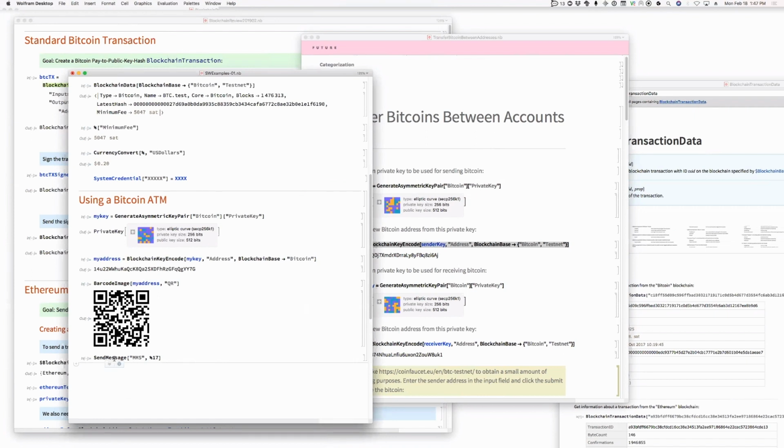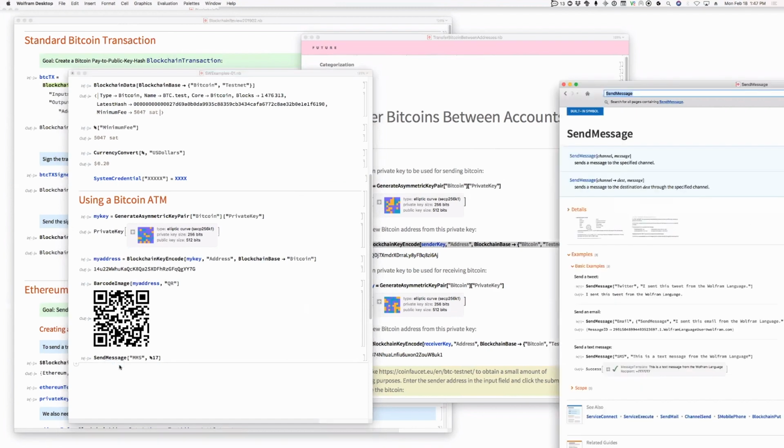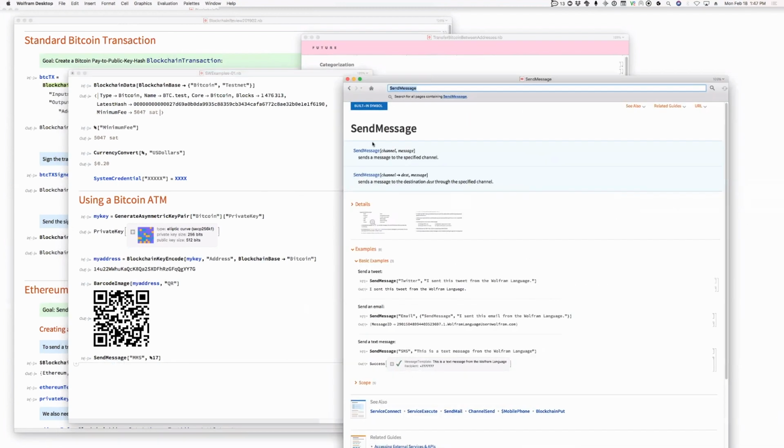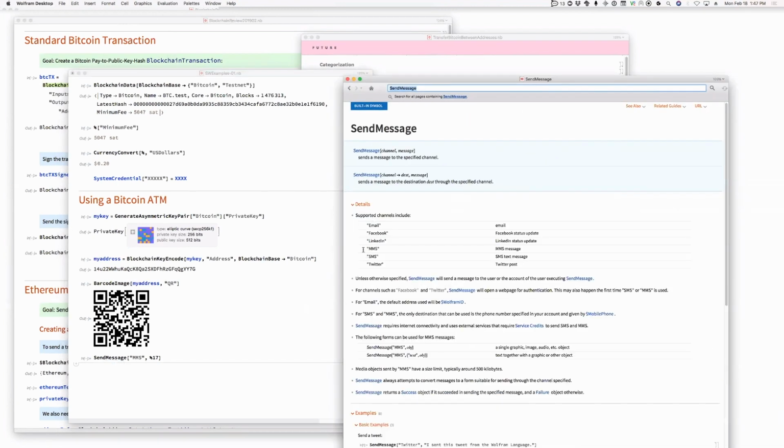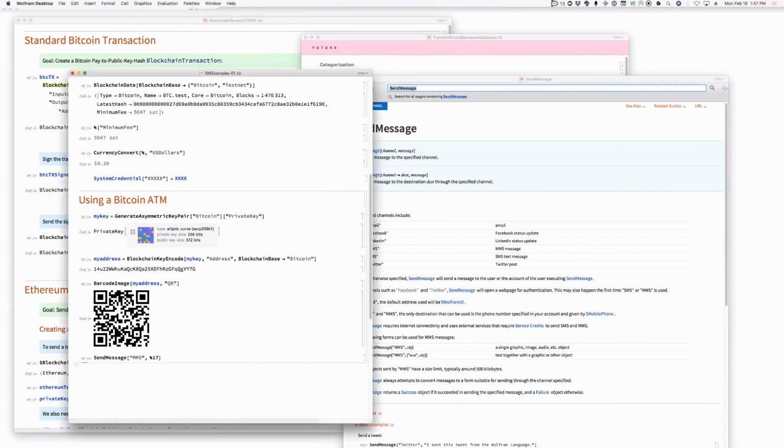So let's take a look at send message. MMS message. So this will send it. Why isn't this working? Let's see if I can send it SMS.